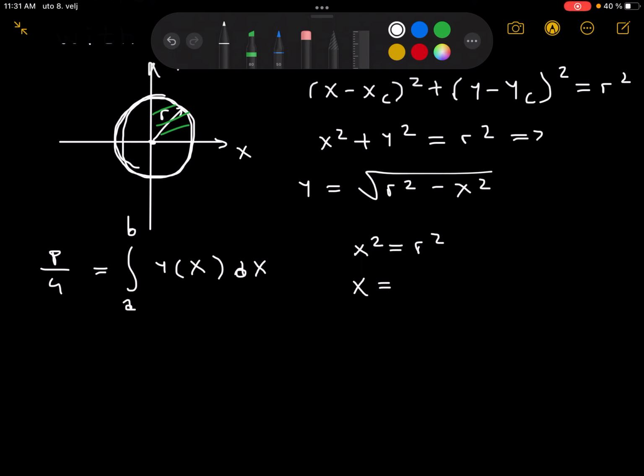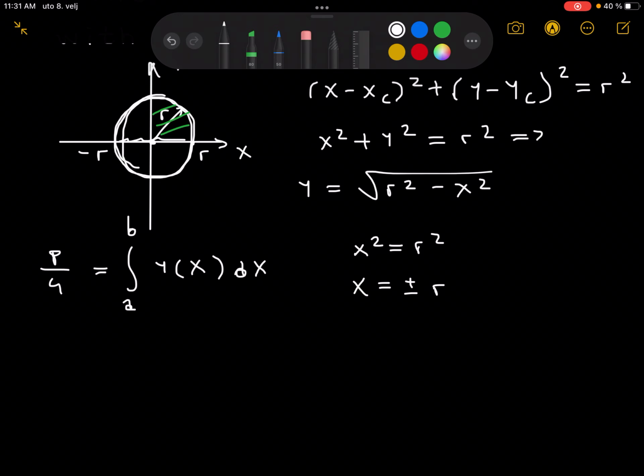So x is equal to plus or minus r, but that's for our entire circle. And so the point here is minus r, the point here has the x coordinate of plus r. And so the complete length of this part right here is 2r, 2 times the radius, right?